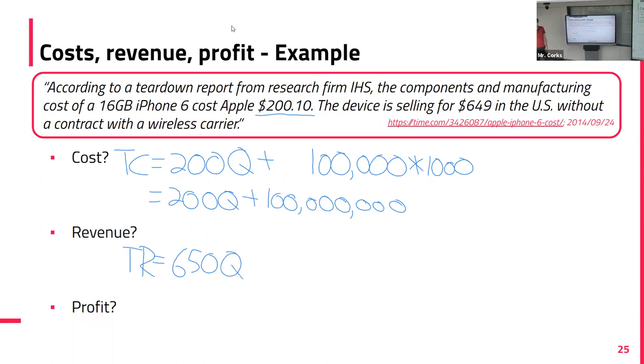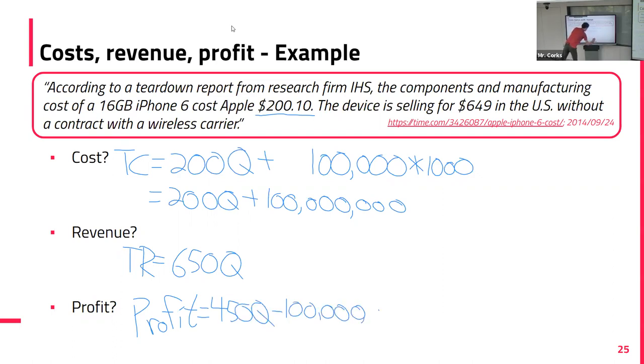That's our total revenue. So the profit equation, if we were to write that out, I'm not going to write that out here for sake of time, but it's total revenue minus total cost. So 650 minus 200Q, I won't write the whole thing, but we'll just write the final version. Profit would be 450Q, then minus the fixed cost.